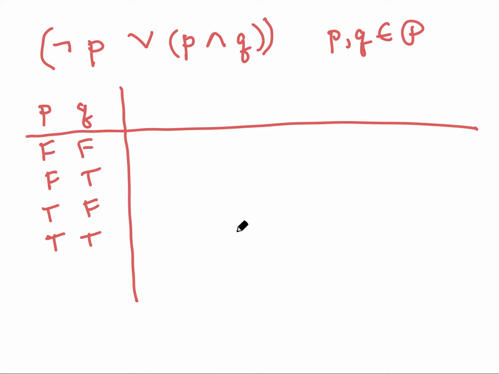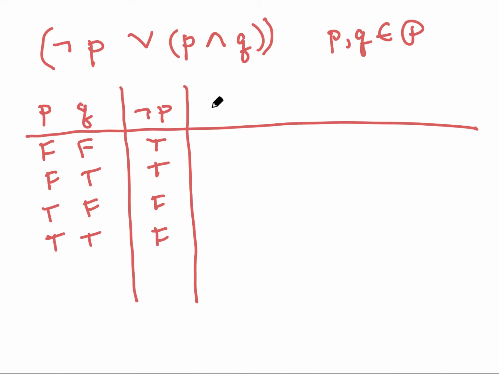Now I'm going to work out step by step what not P is. Here's what P is, and so it's going to be the opposite, the dual, of whatever value we have. So here P is false, it's going to be true.